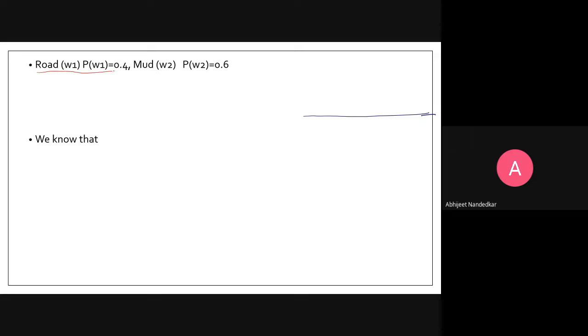So road prior, these are called prior probabilities. The probability of appearing road is 0.4 and the probability of appearing mud is 0.6. Now these are the likelihoods of road and mud.